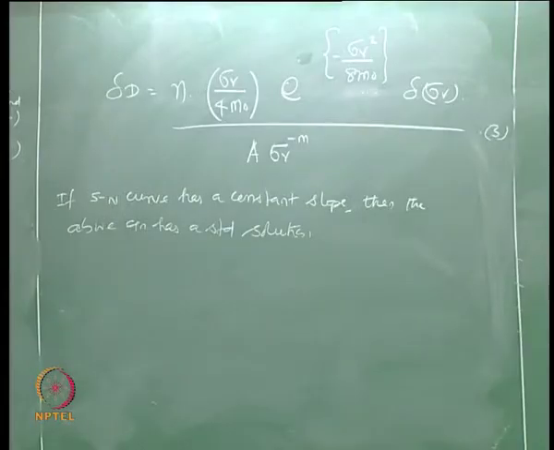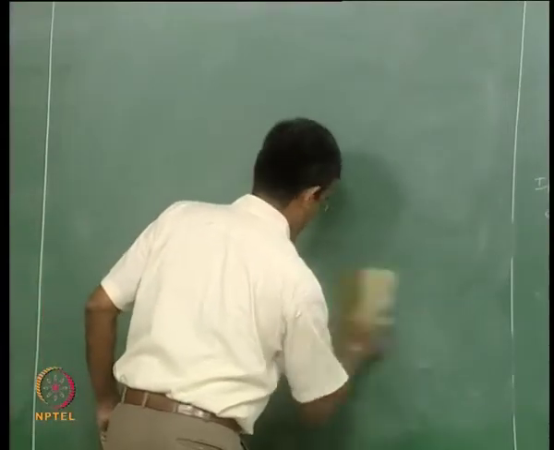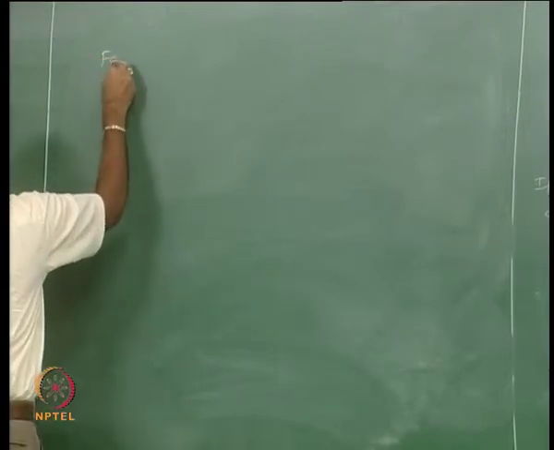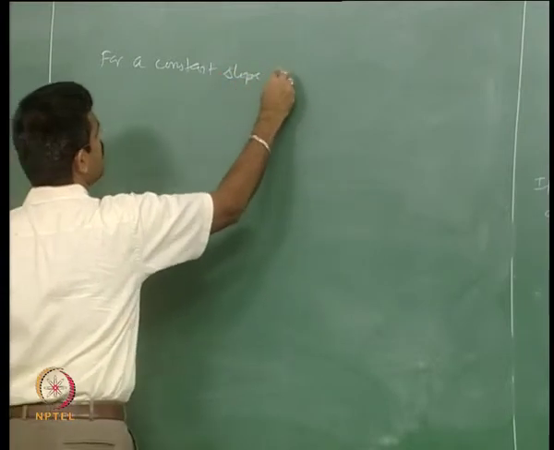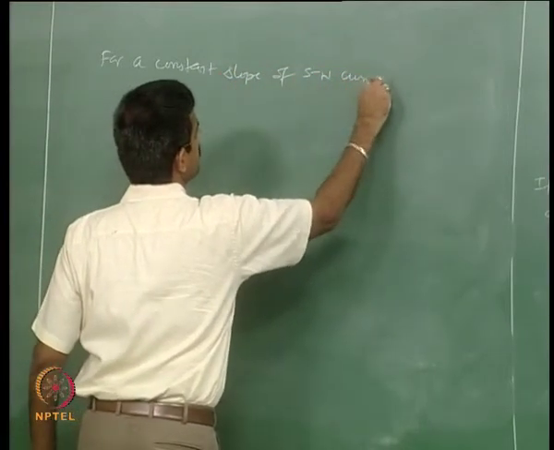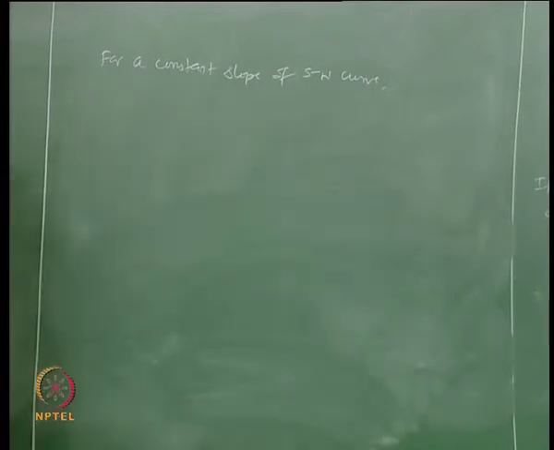For a constant slope of the SN curve, the solution turns out to be a standard gamma function.